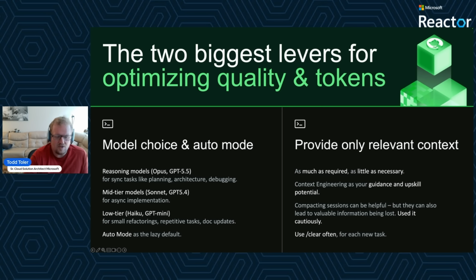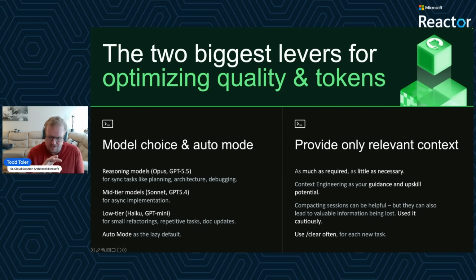And then the solution. Starting in June, and I think actually in VS Code as of last week, there is auto mode. Before, it chose the best model based on availability and response time. Now it's task aware. It's able to assign the right model based on the task you're trying to do.